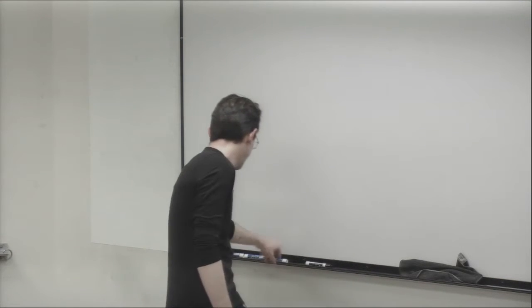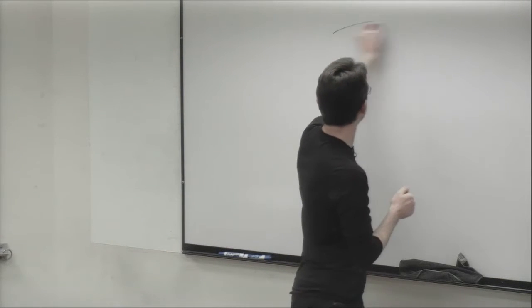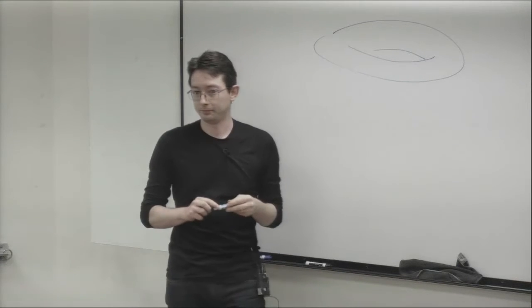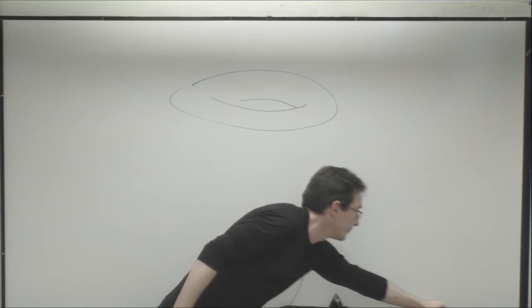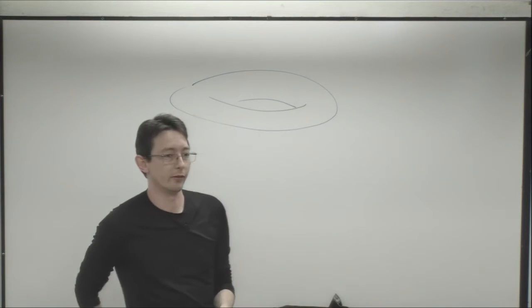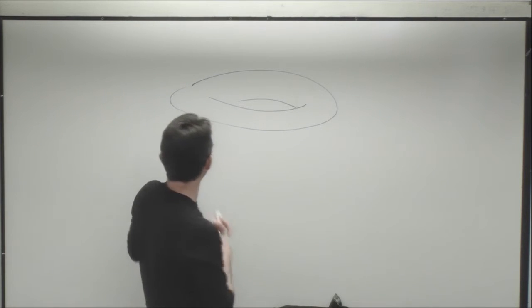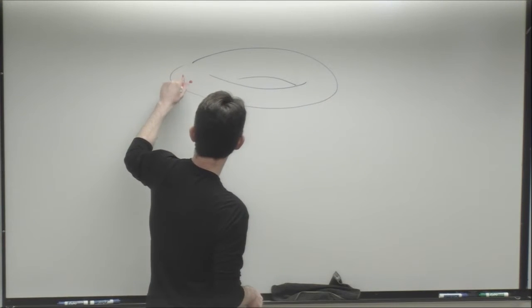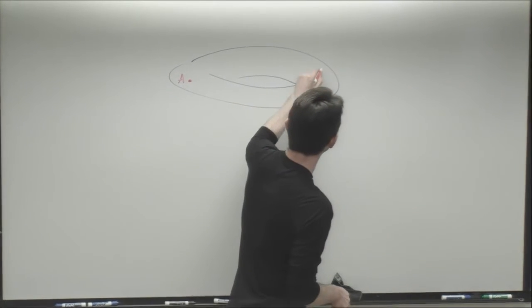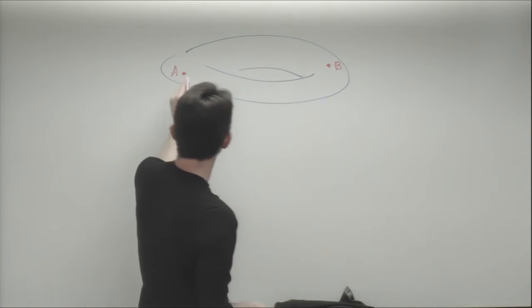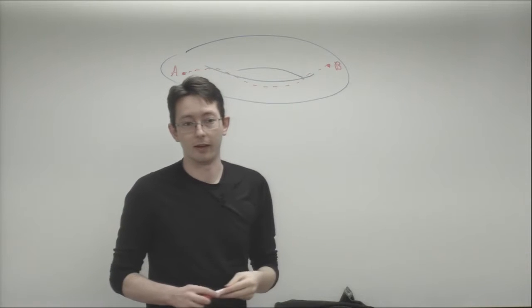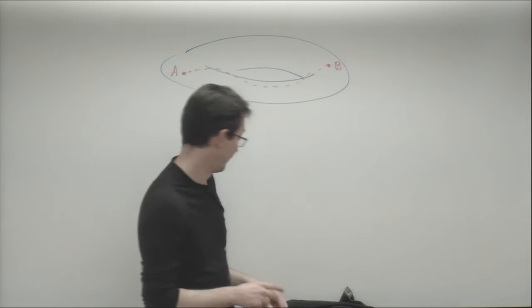A neat one I had when I was in vector calculus was this problem with ants walking on a donut. This is a little too open-ended for an exam, but this is the idea: let's say an ant is at point A, and the ant wants to get to point B. What is the shortest distance path on the donut from point A to point B?